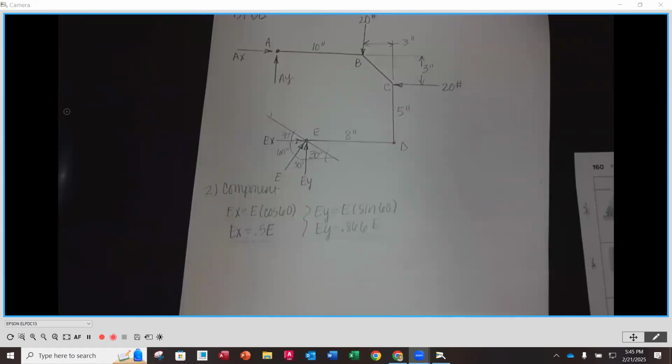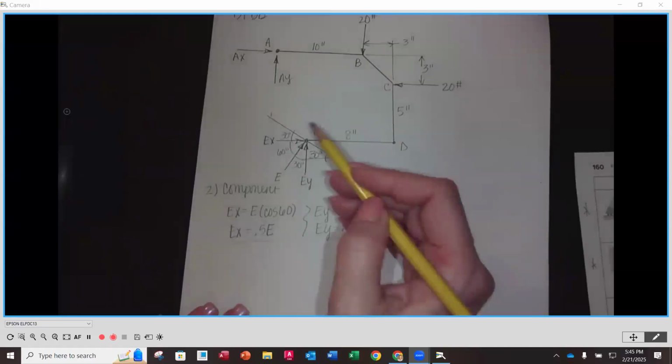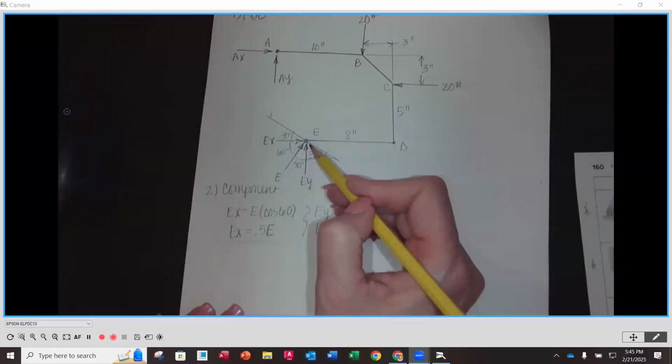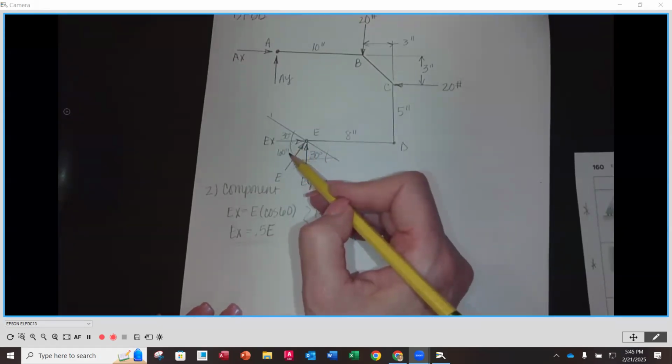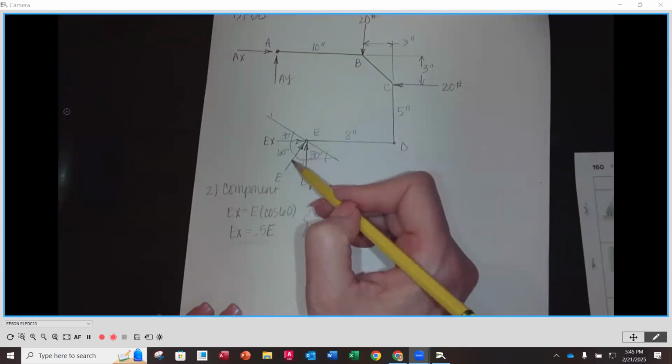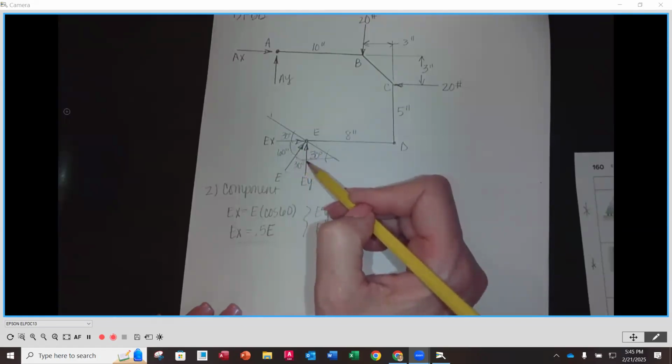Did everybody get the same values for the components that I did? Any questions about that? So if this is a 60-degree angle from horizontal, which is the same in both places here, well, that means from the horizontal, it's going to be then 60 degrees to E and then 30 here.